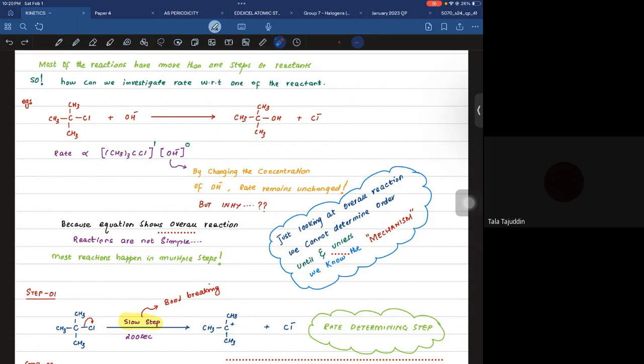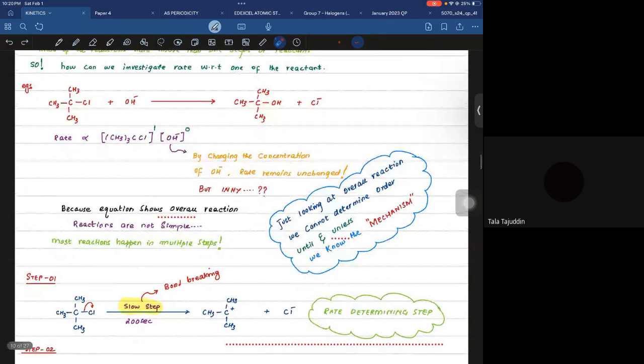Ultimately, the rate of reaction is directly proportional to this. Why? If you change the concentration of OH, the rate would not change. You know why? Because this is the slow step.